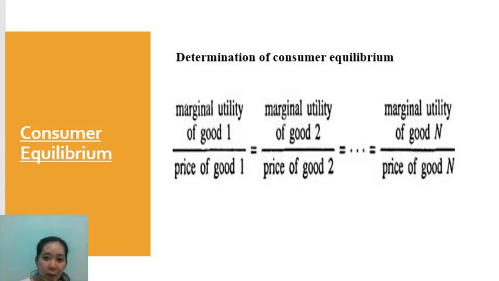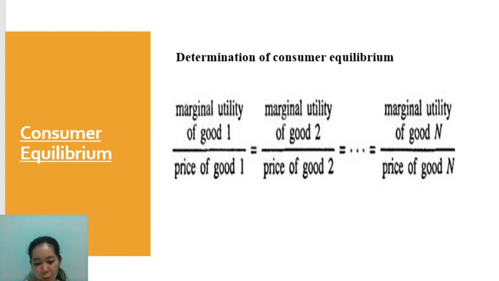So here we have, on the screen or in your module as well, the formula to determine the consumer equilibrium. In this illustration, let us consider two types of goods, good number 1 and good number 2.